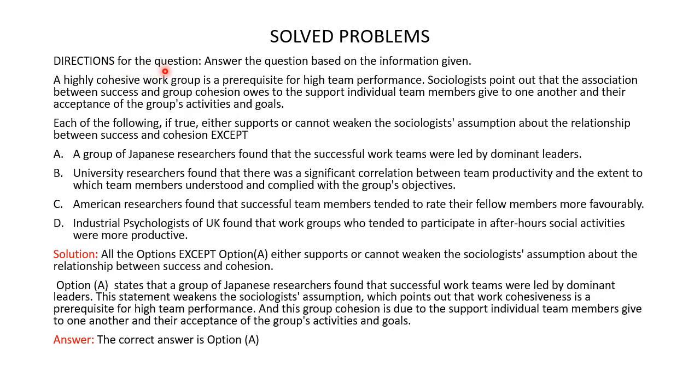Directions for the question. Answer the question based on the information given. A highly cohesive work group is a prerequisite for high team performance. Sociologists point out that the association between success and group cohesion owes to the support individual team members give to one another and their acceptance of the group's activity and goals.